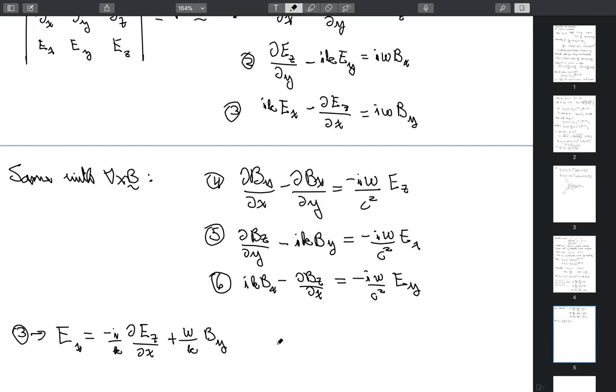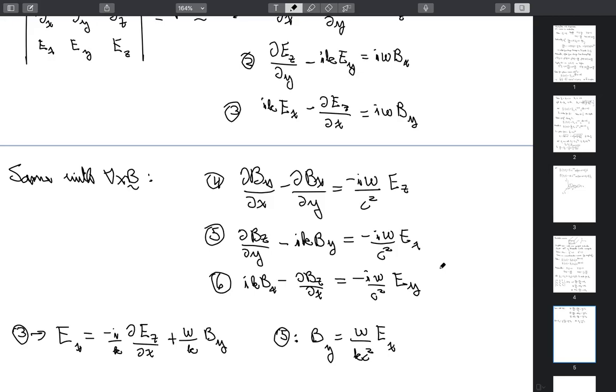But actually, if I look at equation 5 now, I can isolate By in this equation in order to replace it here. So from 5 I get that By, again, I play the same tricks here. I multiply by plus i over k, so I get omega over kc squared Ex.